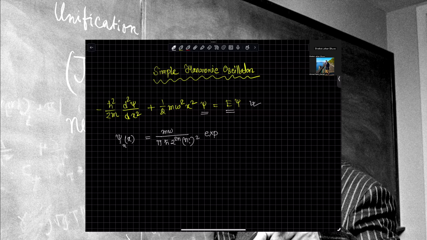Here exp means the exponential of minus m omega x squared over 2 h bar. And then you have this H_n of the square root of m omega over h bar times x. This is known as the Hermite polynomial of nth order.